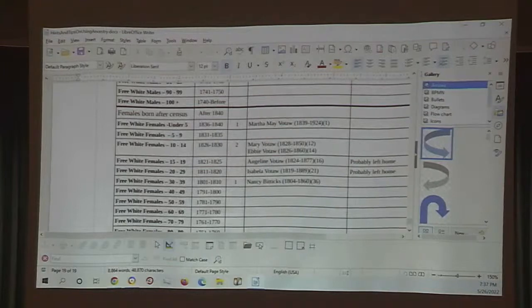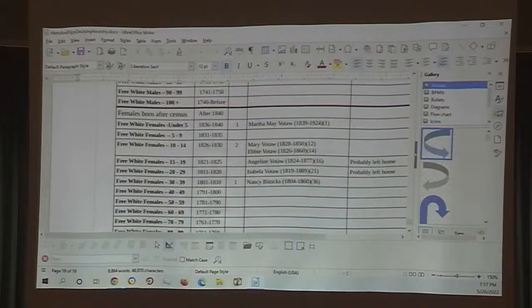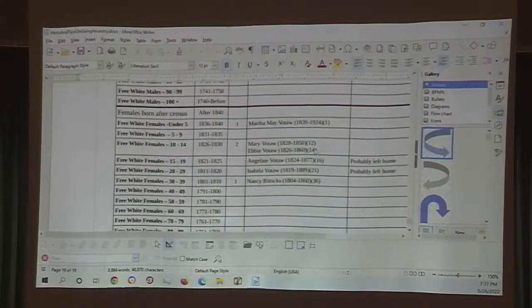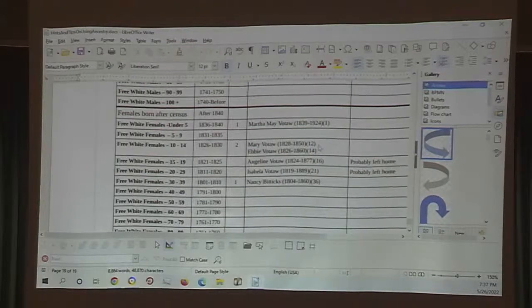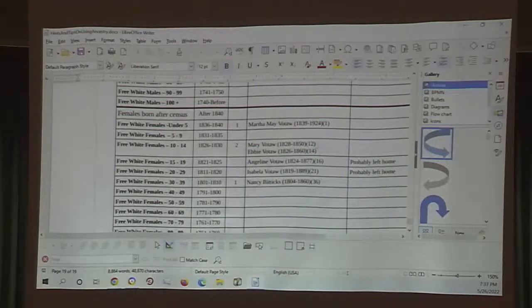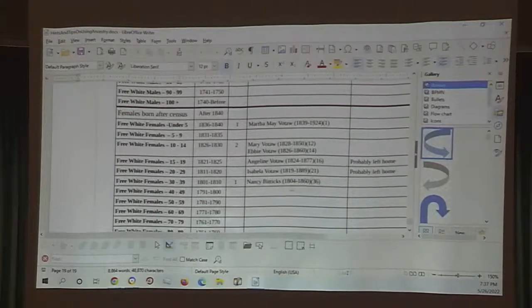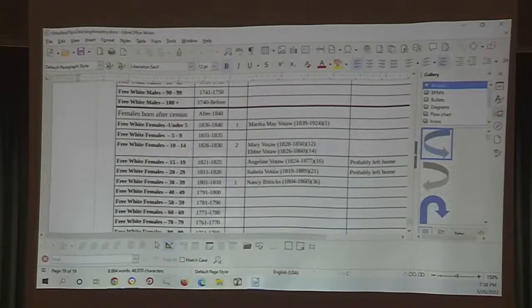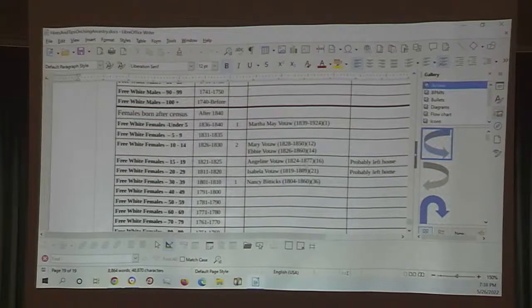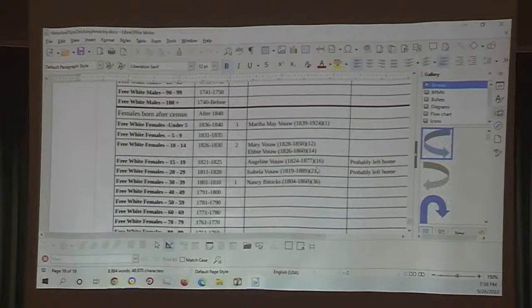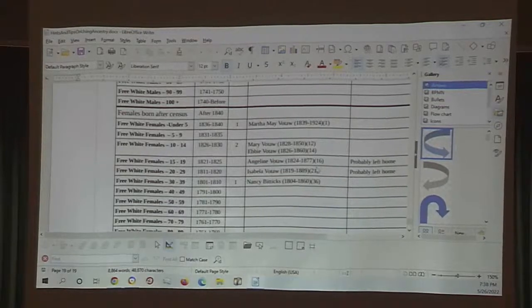There were supposedly 2 between 10 and 14. So I had 2 in my profile for James Votaw that were 12 and 14. And then I've got an Angeline Votaw who's not on here, but she was 16. Back in 1840, 16 was probably married and out of the household.